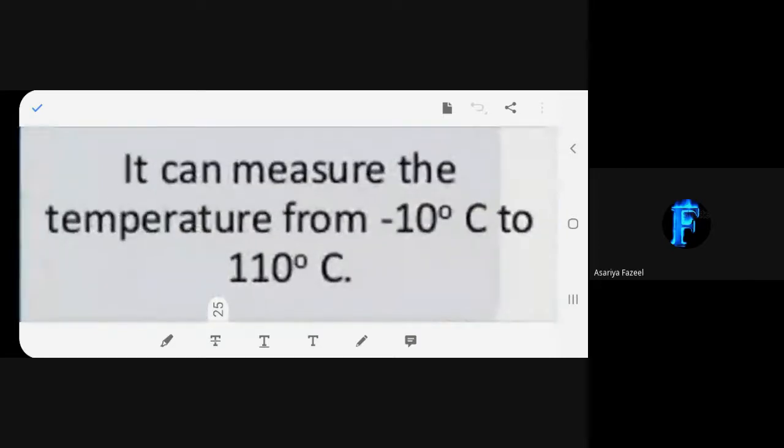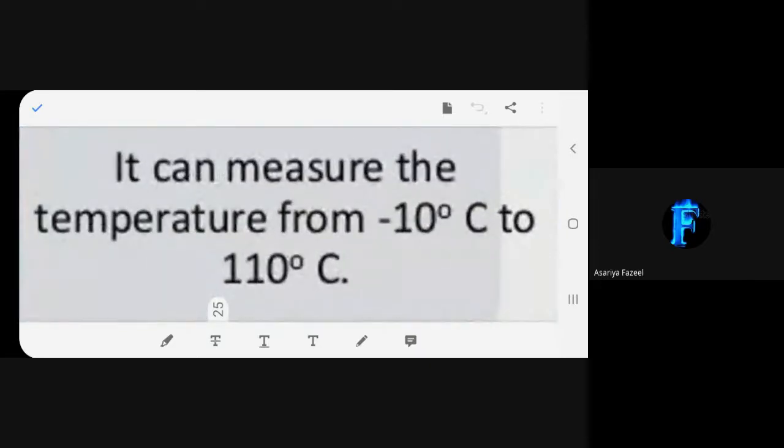What is the range? When you see the slide, start reading. It can measure the temperature from minus 10 degrees Celsius to 110 degrees Celsius.